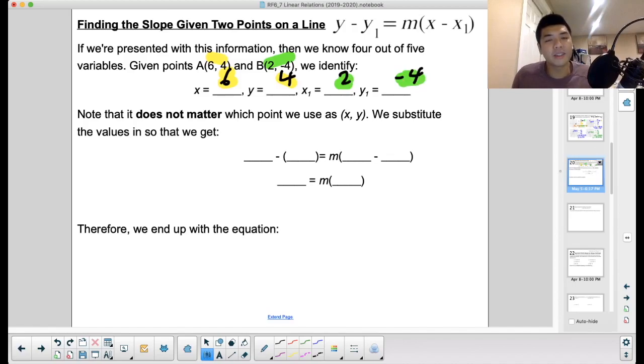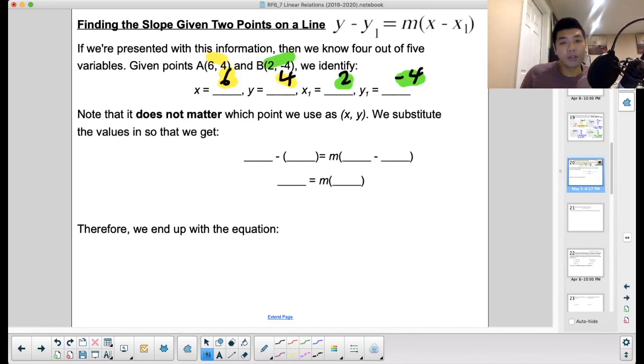So we're saying that 6 and 4 are my x and y values, and x1, y1 will be 2 and -4. Now, before you guys start to ask me if it matters which one we choose, wait about 2 minutes and you'll find out. It doesn't matter, but I'll prove to you why it doesn't matter in just a little bit.